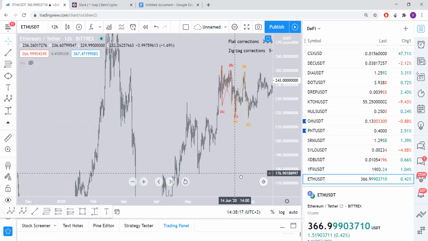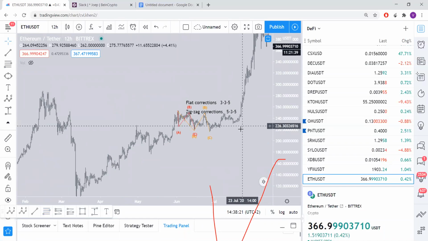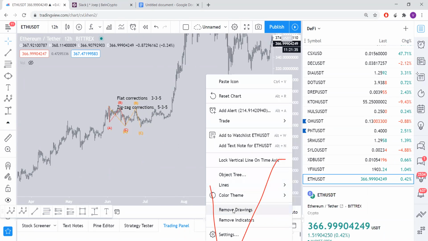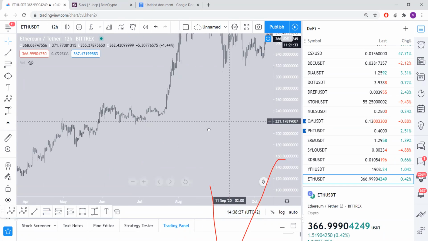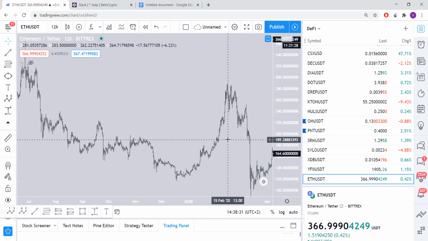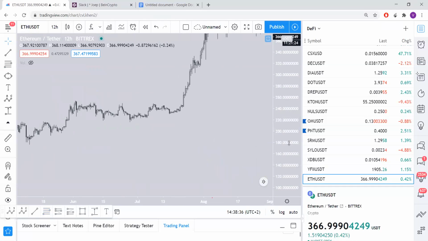Now where was my zigzag? So zigzags are 5-3-5.